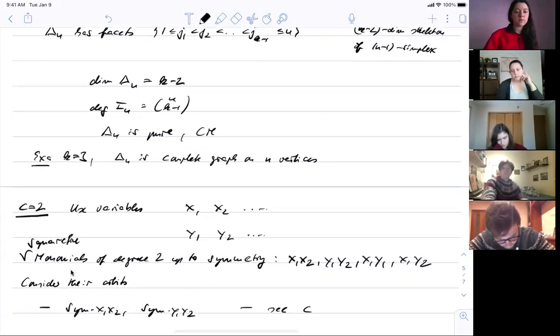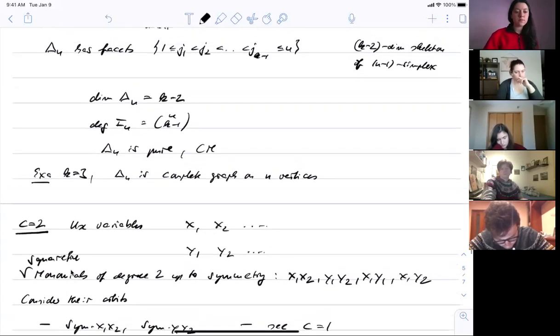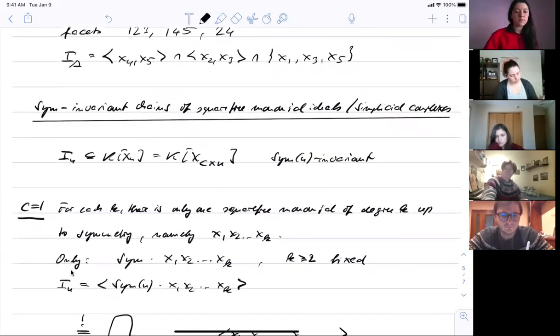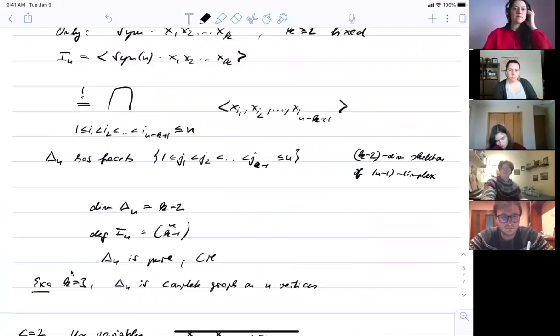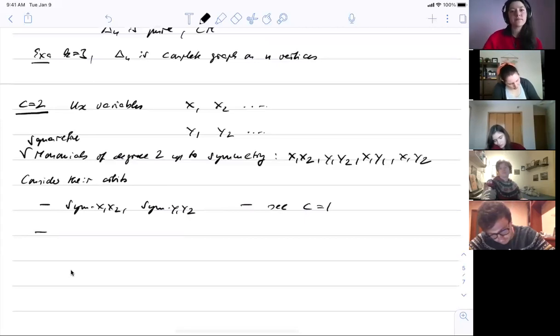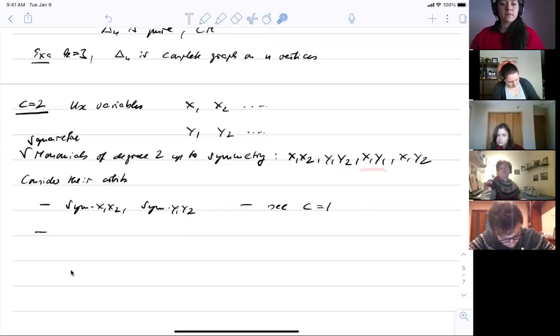This is as in the case we just studied. If k is 2, we already did this. So let's move on. Let's look at the next monomial, x1, y1.